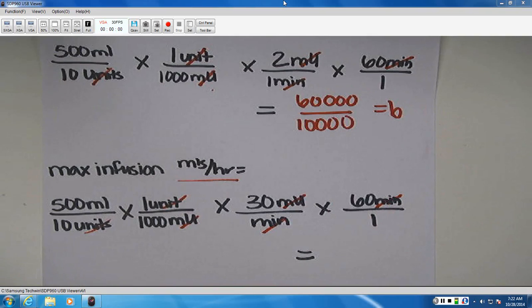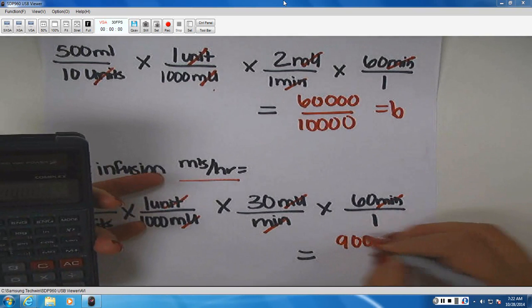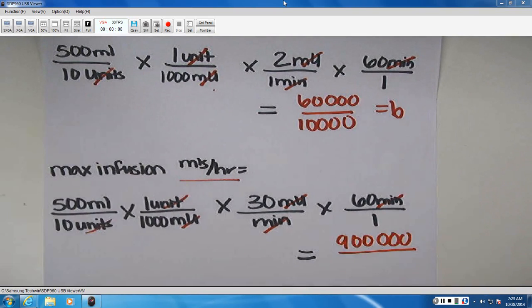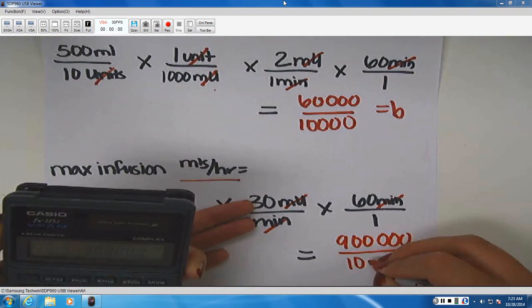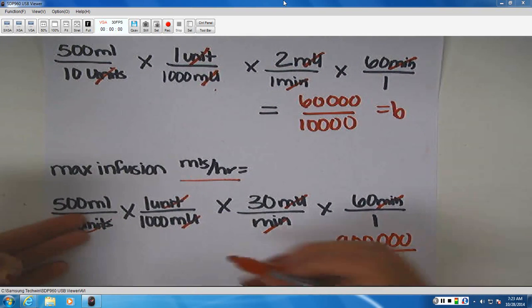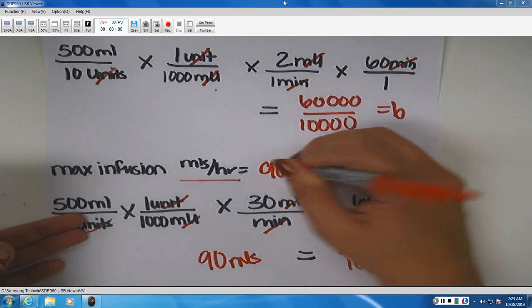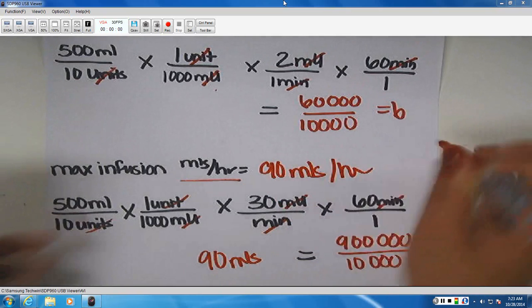So again, 500 times 30 times 60, it's a big number, 900,000, divided by 10,000, equals 90. So this is 90 mLs per hour.